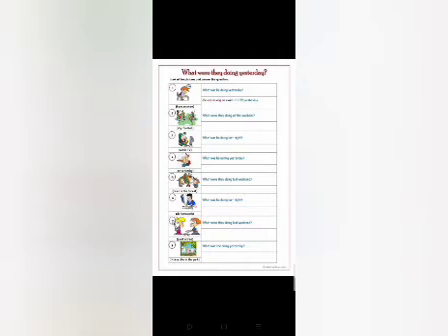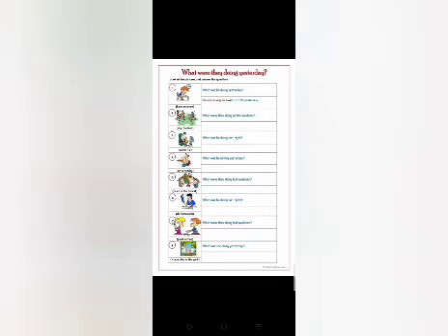Now let's move to the second picture. What can you see in this picture? Yes, there are some children, I think, playing football. So the question is, what were they doing at the weekend? Yes, great.